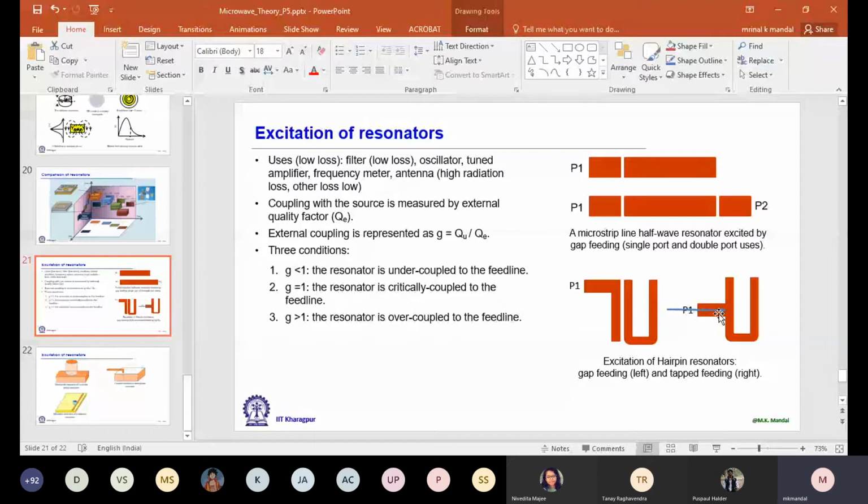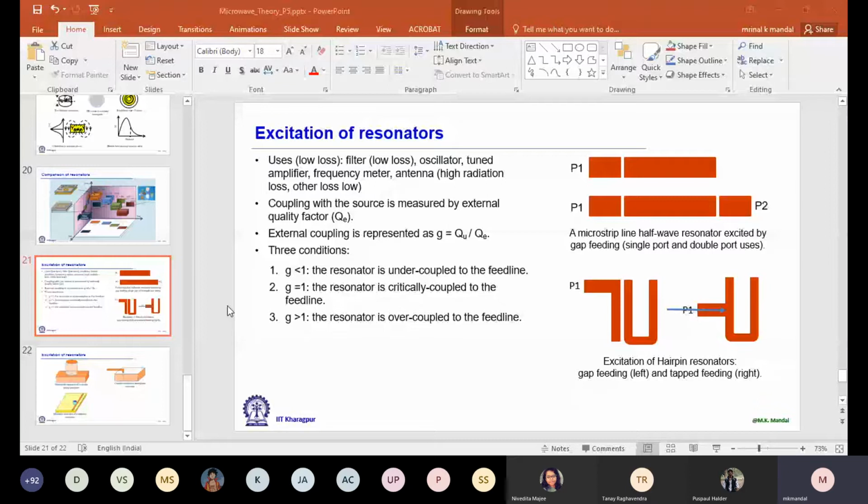Well, these parameters, undercoupled, critically coupled, usually they are not very popular, but they can be defined in terms of the quality factors. Let's say we define a parameter G, which is equal to Q unloaded divided by Q external. If G is less than 1, it is undercoupled to feed line.